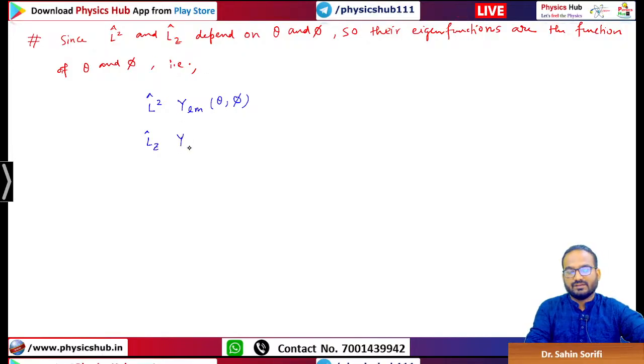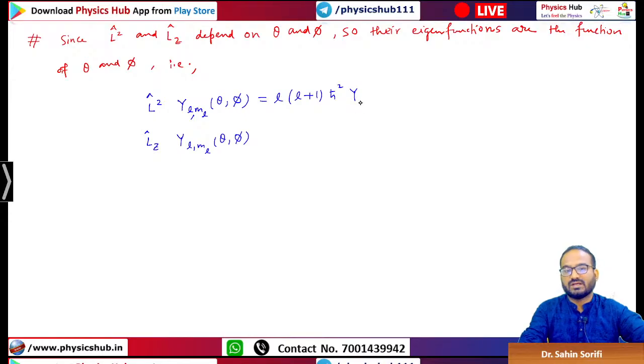So obviously L square gives l(l+1) h cut square Y, and Lz gives ml h cut Y. This is the alternate form in spherical polar coordinates.